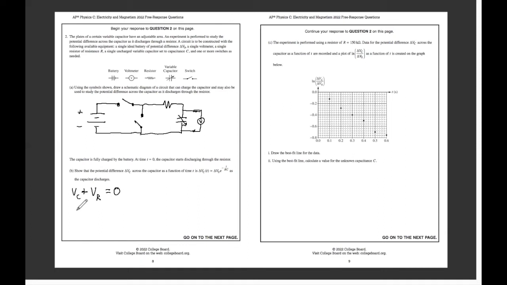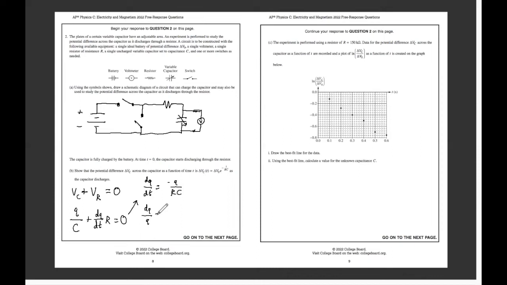That's going to look like the charge on the capacitor divided by capacitance, which comes from C equals Q over V, so I solve that for V. Then I'm going to have plus the current, which is dQ/dt, right? Current is the derivative of charge with respect to time, multiplied by R, so Ohm's law, is equal to 0. Therefore, dQ/dt is negative Q over RC. And in terms of how that's going to look, I do have to apply separation of variables.